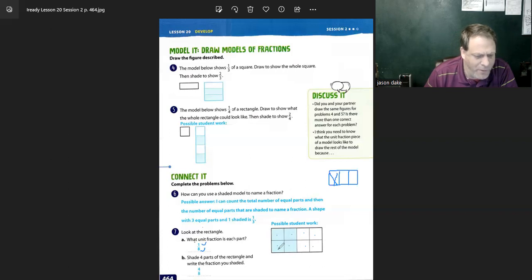So shade 4 parts of the rectangle and write the fraction you shaded. So shade 4 parts. 8 altogether and 4 shaded. So what unit fraction is each part? We're looking at 1 out of 8. And then it's going to jump to 4 parts shaded, to make 4 out of 8.